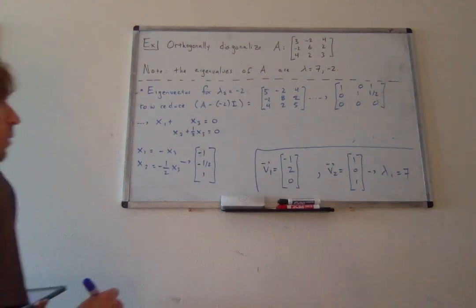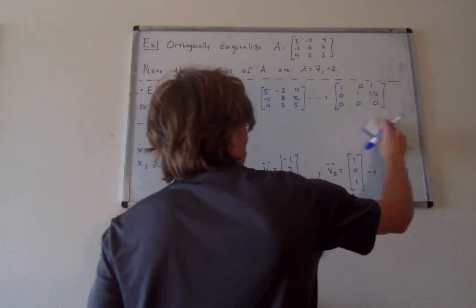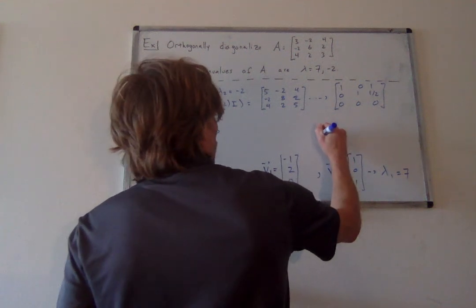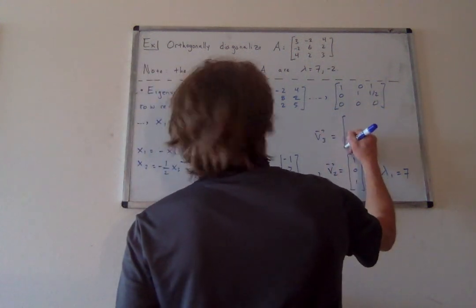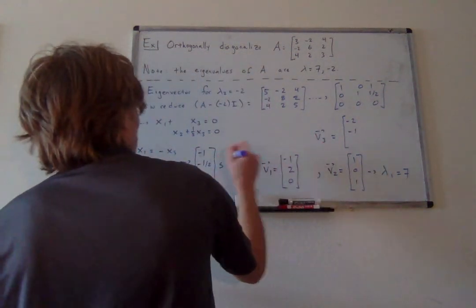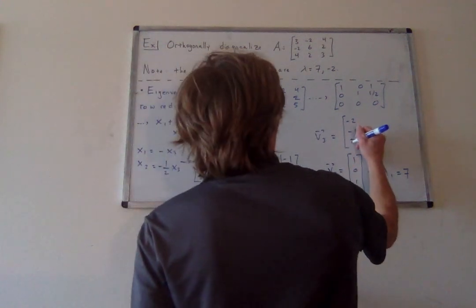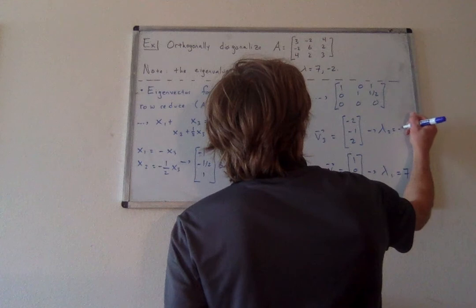And again, I want to take any scalar multiple of this vector to be my eigenvector. So we'll say that one eigenvector for lambda 2 equal to -2 would be (-2, -1, 2).